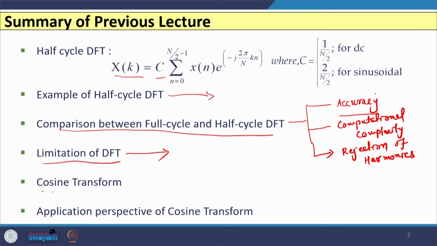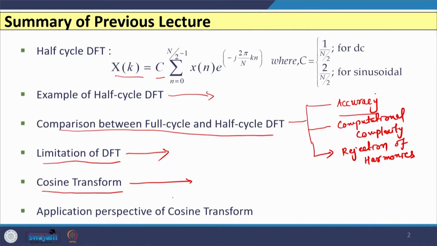After that we have discussed another algorithm, that is the cosine transform, and in this transform we have discussed that the sine component we can replace with the cosine term. So, the sample calculations required for the cosine transform can be reduced. However, an unavoidable time delay is included when we use the cosine transform.